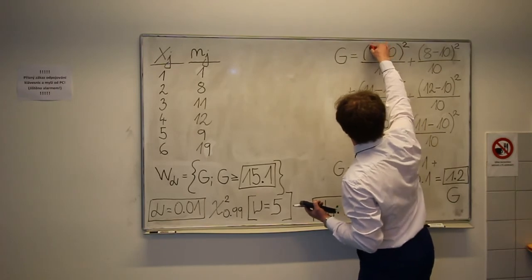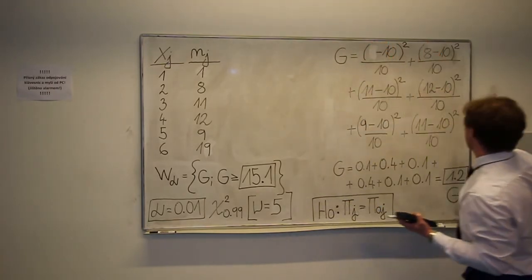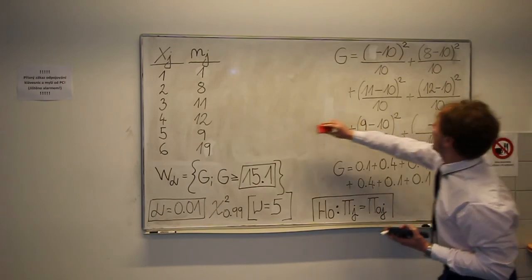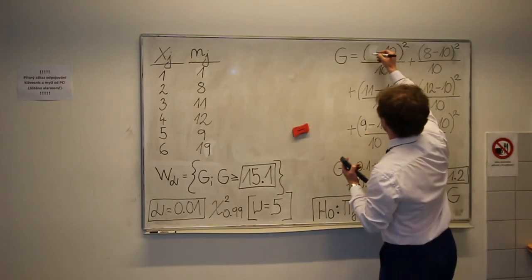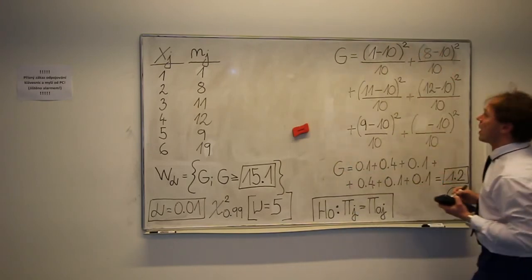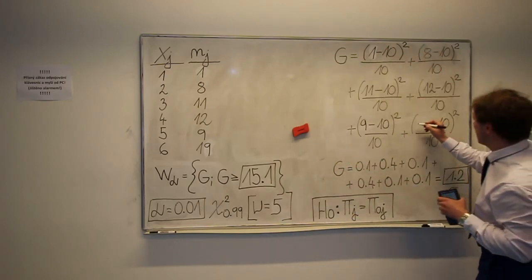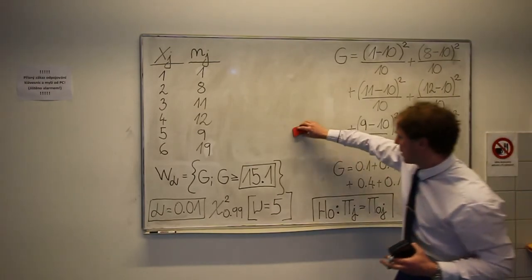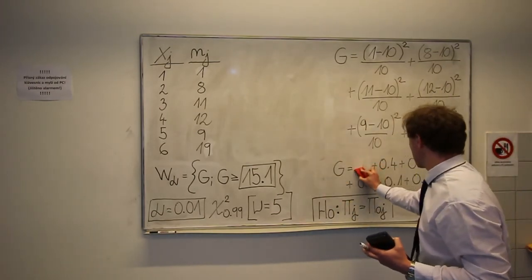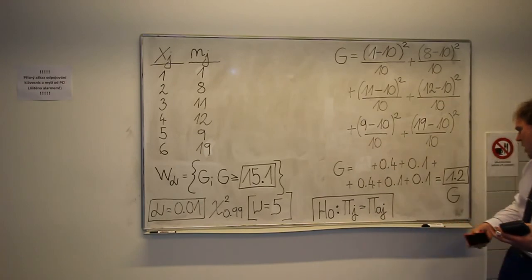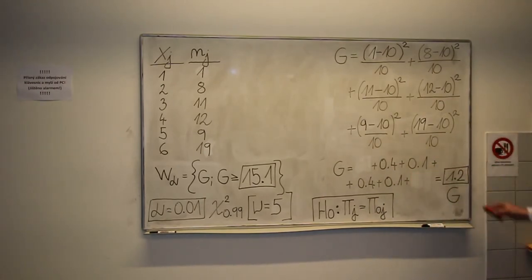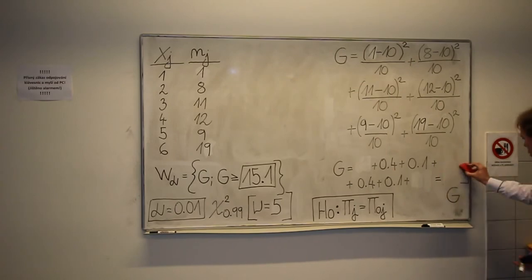There will be a difference. There will be 1 minus 10, and there will be 19 minus 10. Instead of this value here, and this value here, there will be another value.